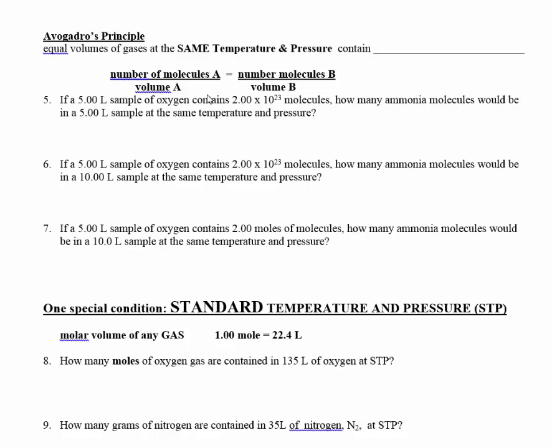So now we're on page 11, and it falls more with the combined gas law. We're going to talk about those moles again. Just remember, when you talk about moles of a gas, it's really how much gas is there?